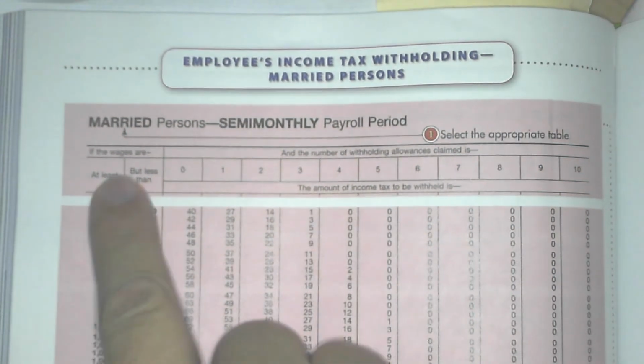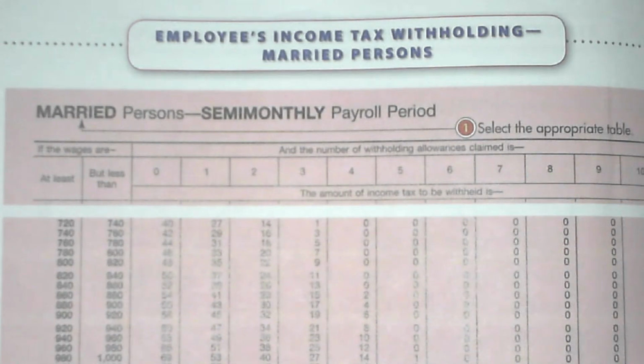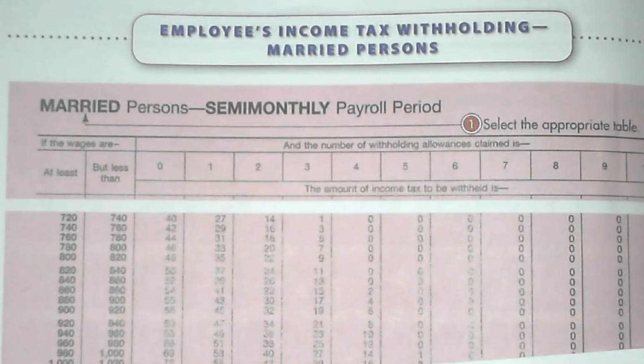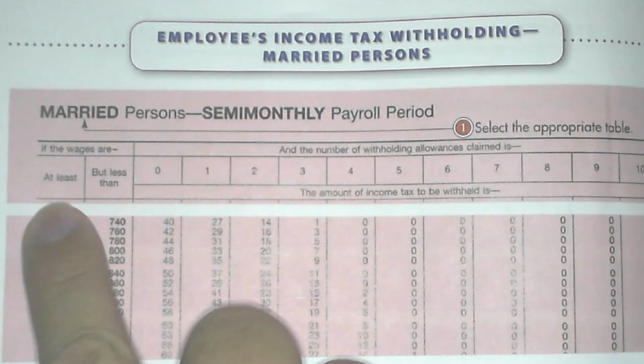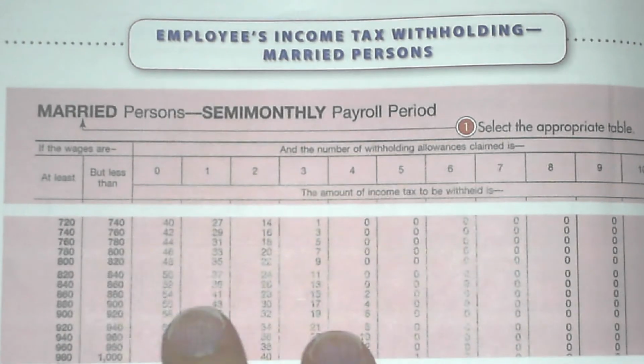So now here on the left, you can see the column that says the wages. But notice up here at the very top it says at least. Then the other heading is less than.